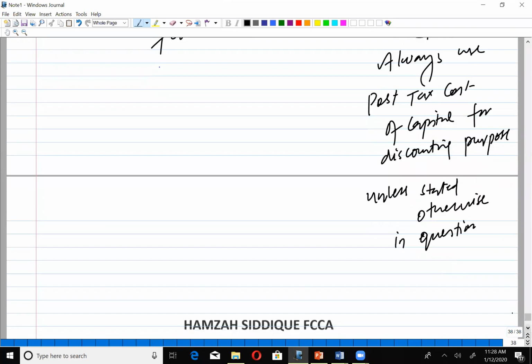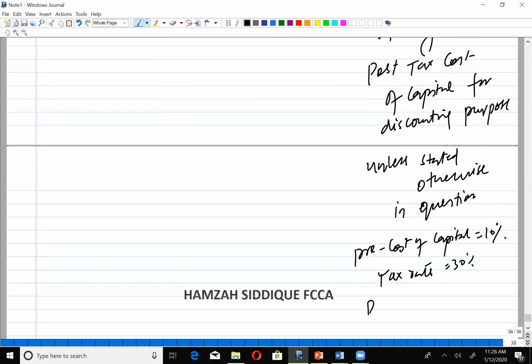So now, for example, pre-tax cost of capital is given as 10% and tax rate is 30%. So what is post-tax cost of capital?